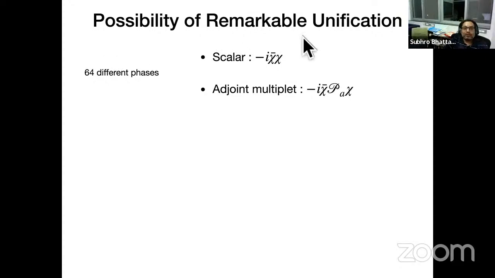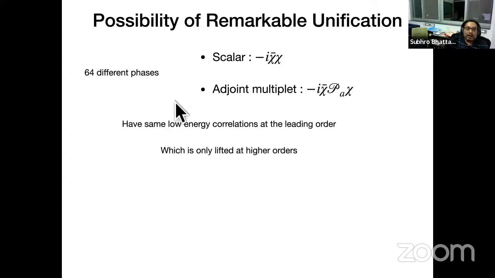So let me just point out that this kind of classification provides for the possibility of a remarkable unification as far as the phase diagram and the class of materials are concerned. These 64 different kinds of bilinears allow for 64 different kinds of phases, which have the same low energy correlations to the leading order, and which is only lifted at higher order by higher order terms.